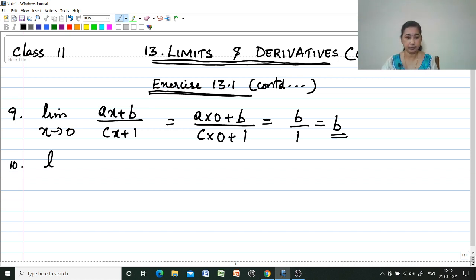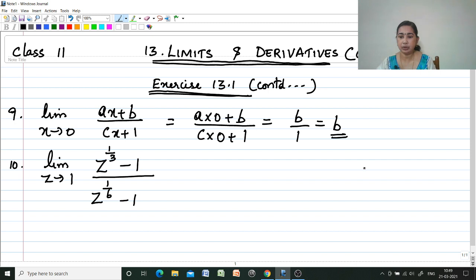Next one: limit z tends to 1, (z raised to 1 by 3 minus 1) divided by (z raised to 1 by 6 minus 1). This we have seen somewhat in this way, one standard result: limit x tends to a, (x raised to n minus a raised to n) by (x minus a).